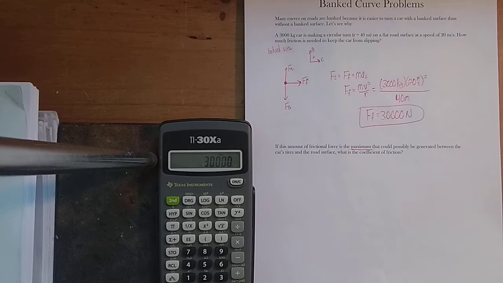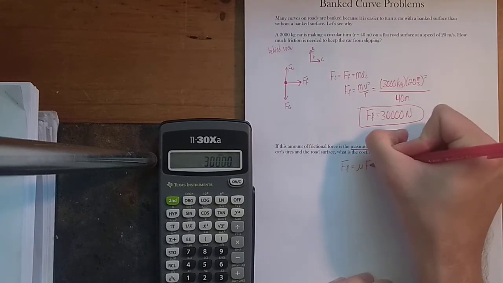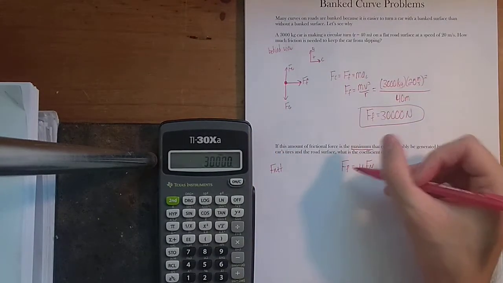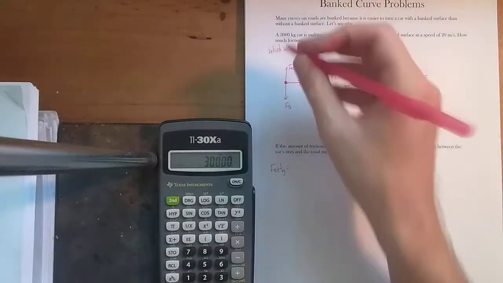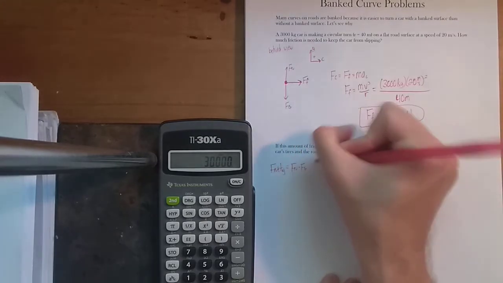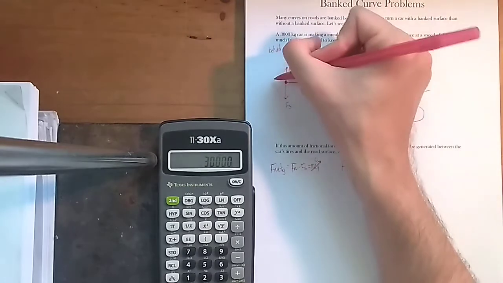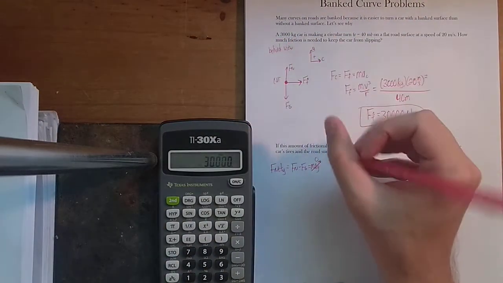When we're looking for the maximum force of static friction, we know we can use the equation Ff equals mu Fn. I already know what the force of friction is. I can find the normal force from my free body diagram. Fn minus Fg equals m a_y. The car is obviously not going to start accelerating up off the curve or down into the curve, so the acceleration is 0.